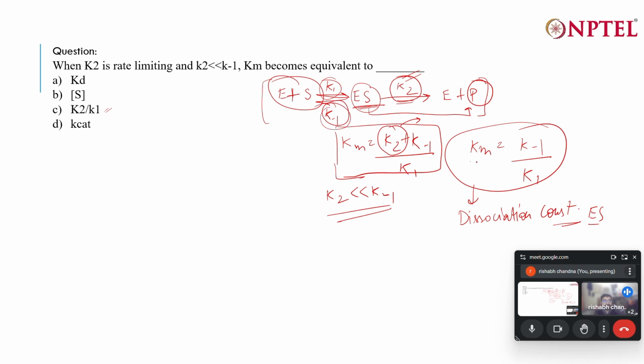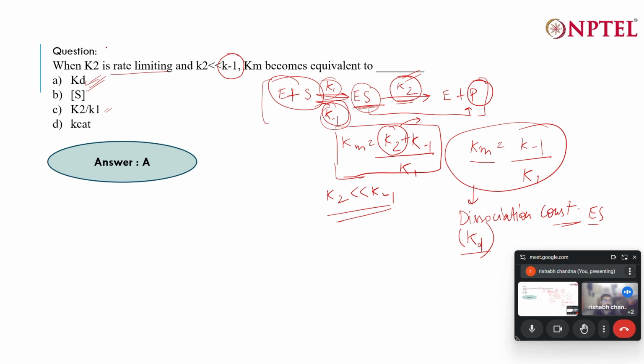So Km being the ratio of K minus 1 to K1 depicts the dissociation constant of ES, which is denoted by Kd. So when K2 is rate limiting and its value is very, very much less than K minus 1, Km becomes equivalent to Kd. The correct answer is option A.